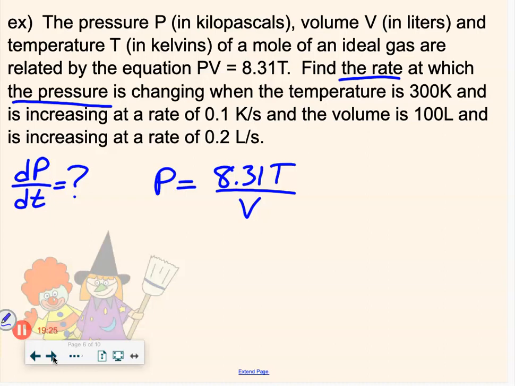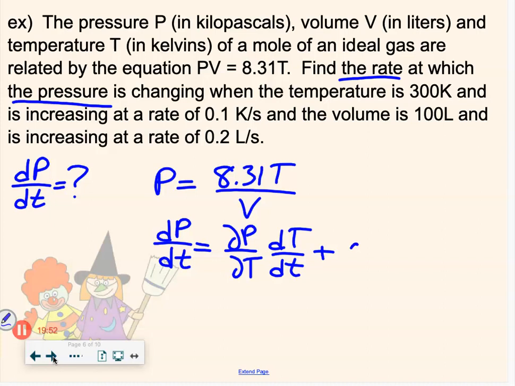I'm going to write out the chain rule real quick just so that we are all on the same page. dP/dt equals partial P, partial T, dT/dt plus partial P, partial V times dV/dt.